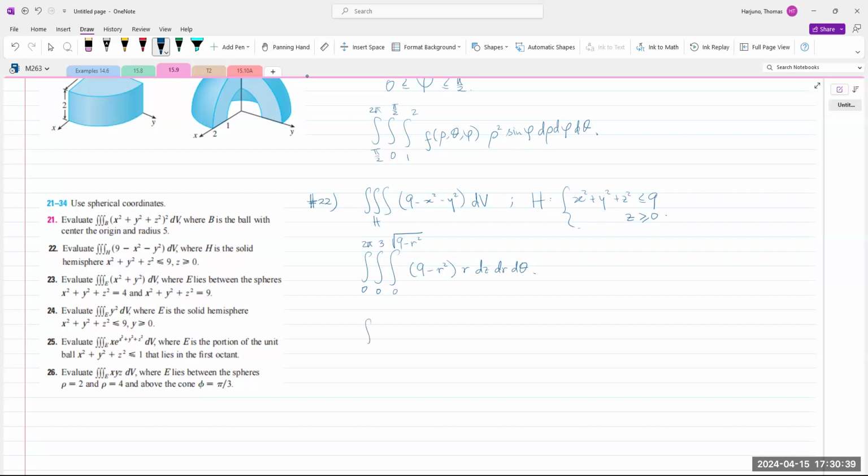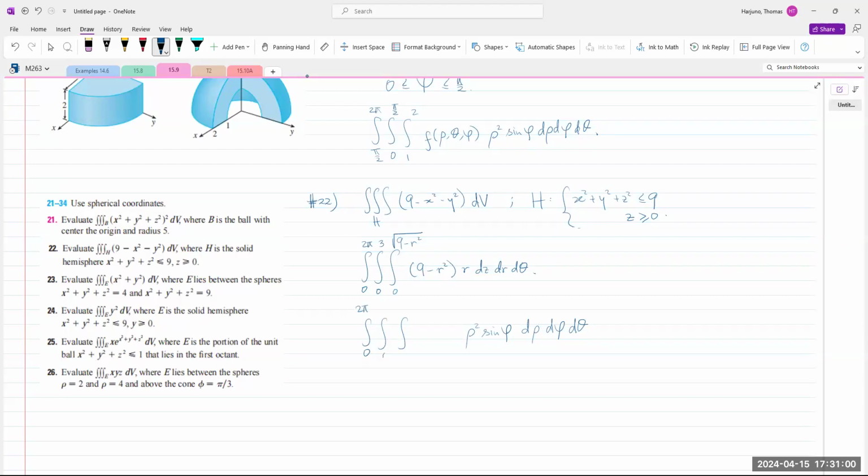But if we use spherical integration, then it will be rho squared sine phi d rho d phi d theta, where theta will be from 0 to 2 pi.